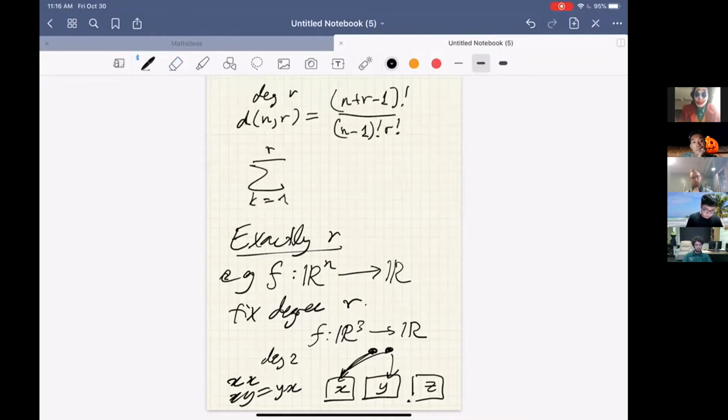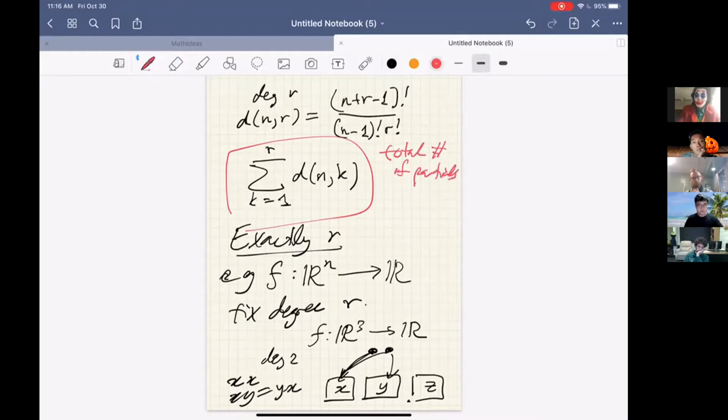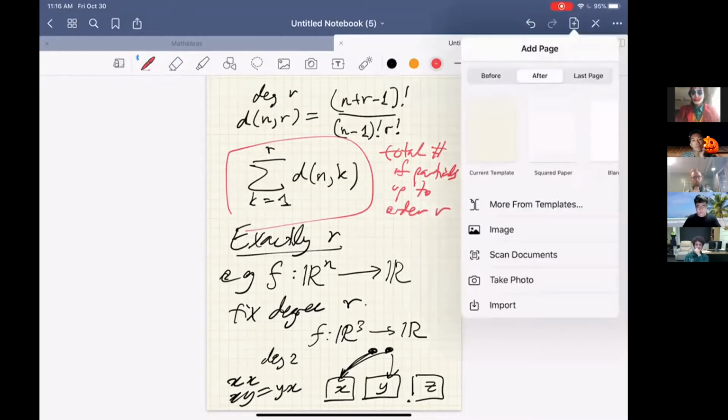So then the total number of derivatives up to order R would be, you have to just count all these D and Ks. So this is the total number of partials up to order R. Okay.